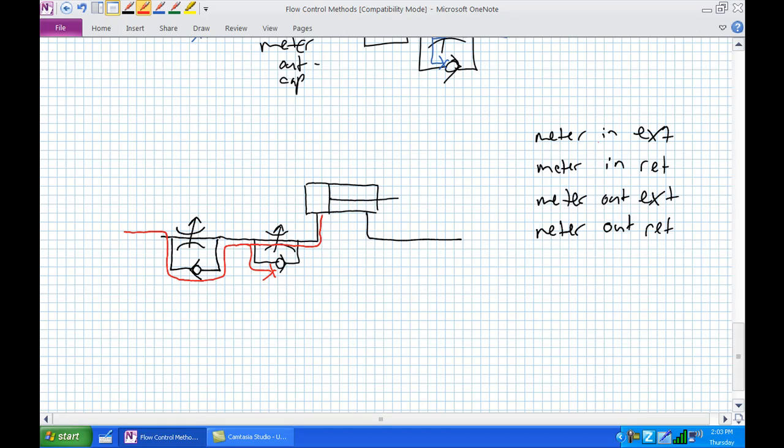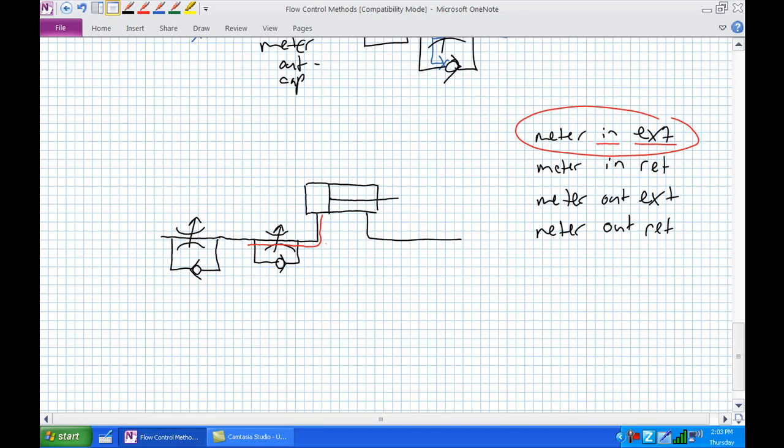I am in meter in extension mode here. Supplied by which flow control valve? This one. Okay. So there's another flow control valve in there. It's also on the cap end. So that is the answer. That's the first answer, one of 2 correct answers.